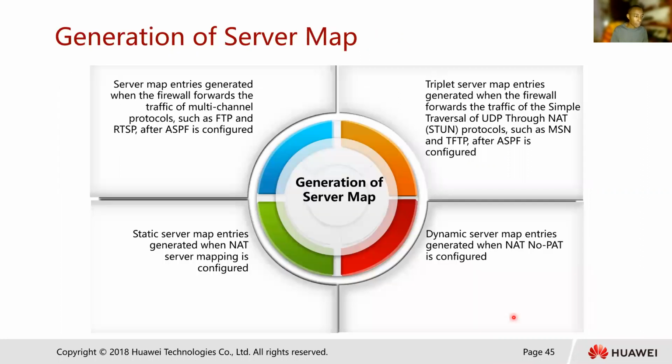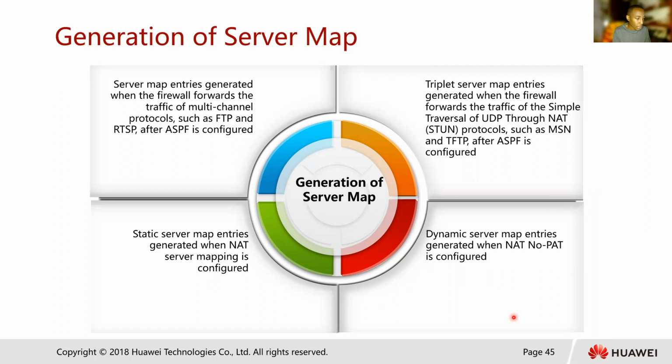What happens in server maps is entries are generated when the firewall forwards the traffic of multi-channel protocols. Triplet server map entries are generated when the firewall forwards the traffic of the simple traversal of UDP through NAT protocols, such as MSN, TFTP, all that, after ASPF is configured.